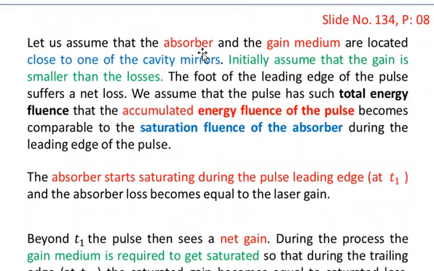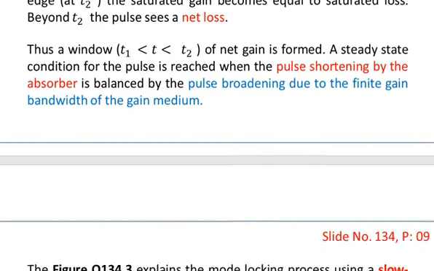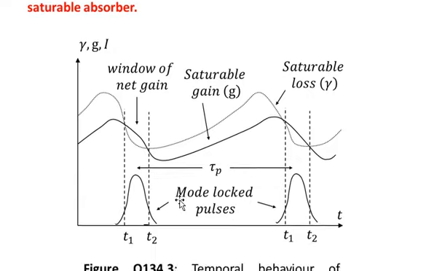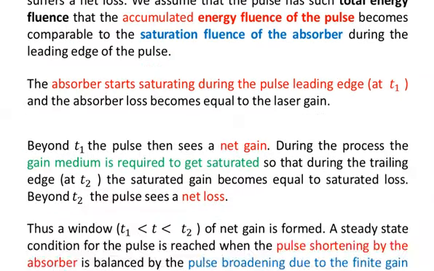So let us assume that the absorber and the gain medium are located close to one of the cavity mirrors. Initially assume that the gain is smaller than the losses. The foot of the leading edge of the pulse suffers a net loss. This edge is leading, so it will suffer a net loss because it will initiate the process.